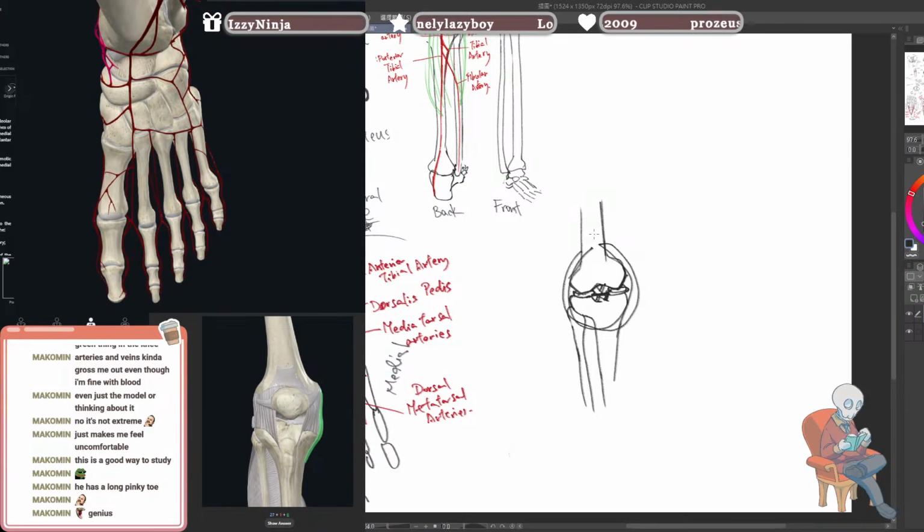So basically it has liquid inside your knee, which is basically nutrients, blood, and stuff that feeds your knee joint. Keep your knees healthy.